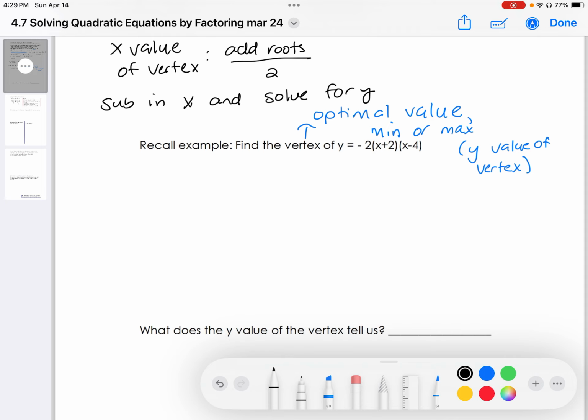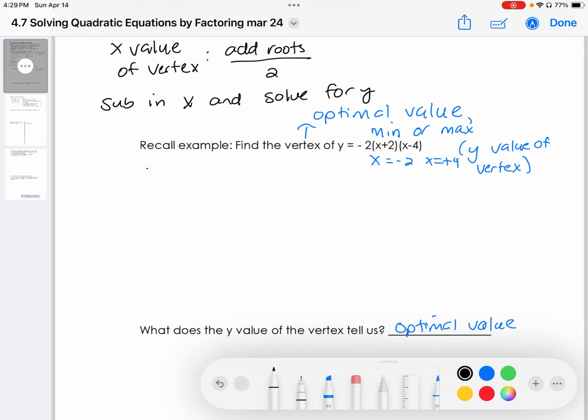However you would like to write the roots or solve for the roots, if you got good at last unit, just writing x equals -2, x equals +4, all you had to do was change the signs. That'll work here.